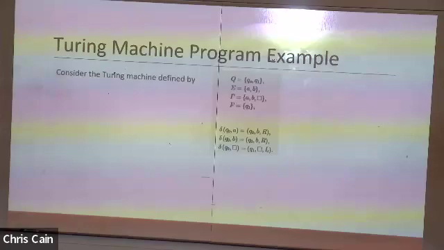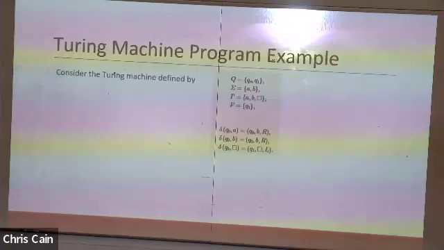The transitions say that if we're in state Q0 and see an A on the tape, we're going to stay in state Q0, change the A to a B, and move right. If we're in state Q0 and see a B on the tape, we're going to stay in state Q0, replace the B with a B, so make no change, and go right.